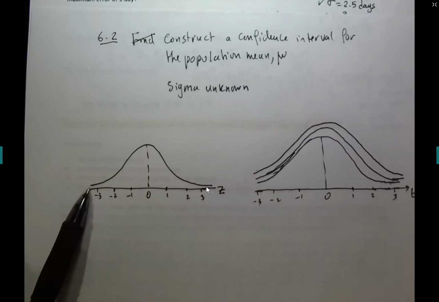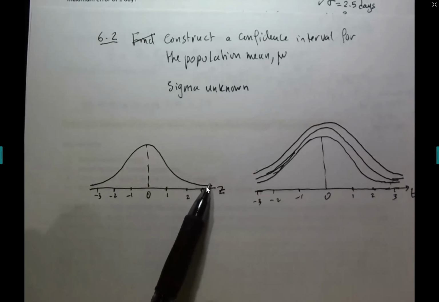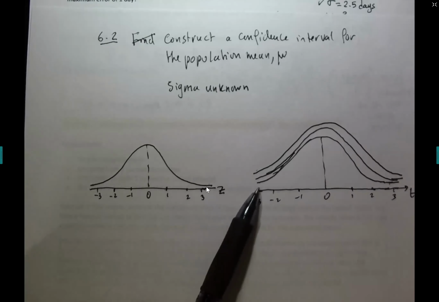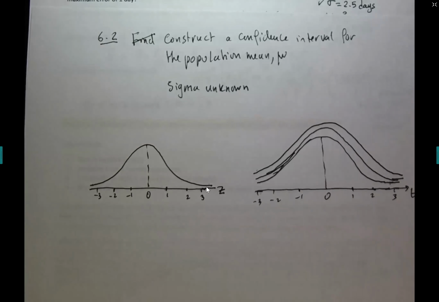This one almost touches the horizontal line, but those families of curves seem to have a thicker tail and they don't touch the horizontal line. So that's one difference between the two distributions. I'm going to show you a visual from the book about the T distribution to have a better feel of that.